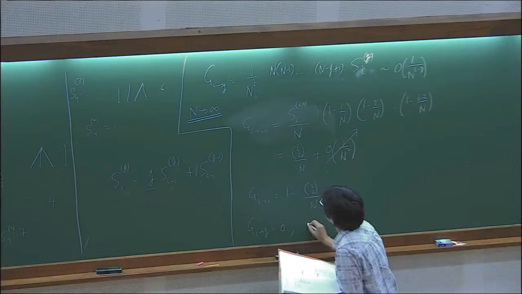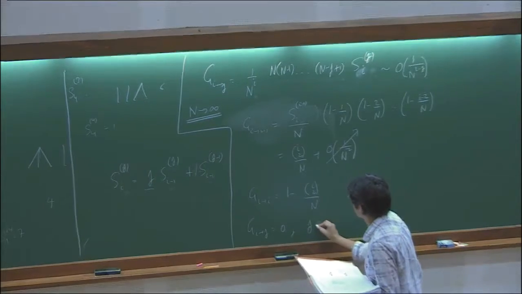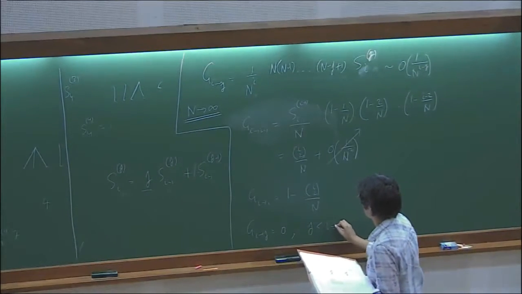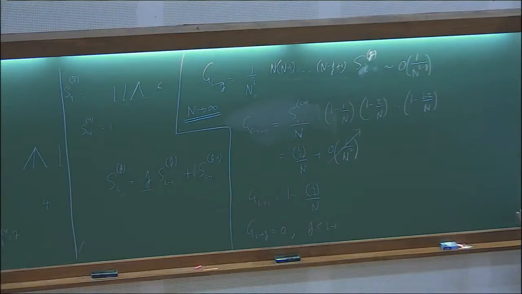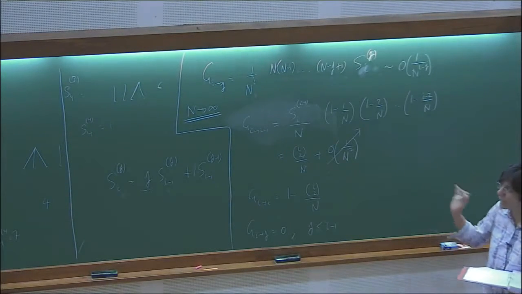Okay. Let me just do one more step and then I'll come to the main point. So this is setting up the probability of reducing a lineage in one generation.